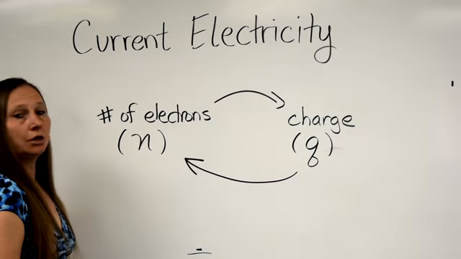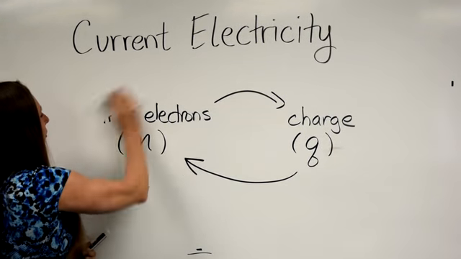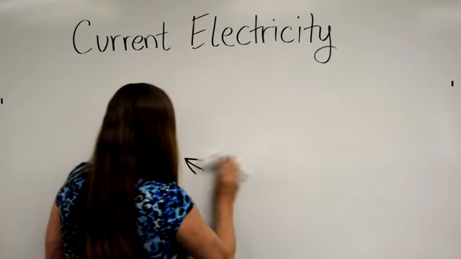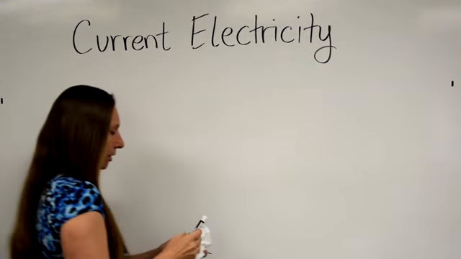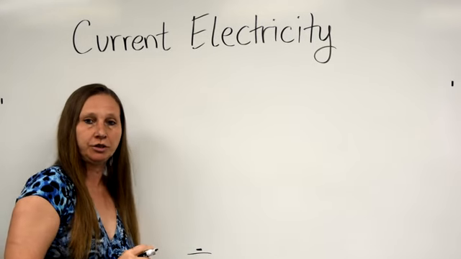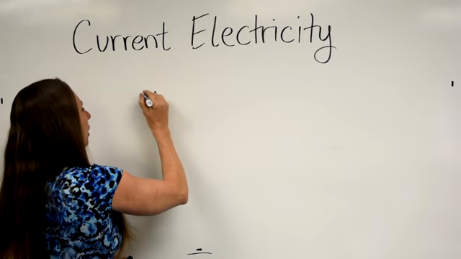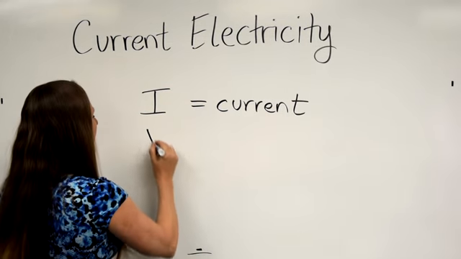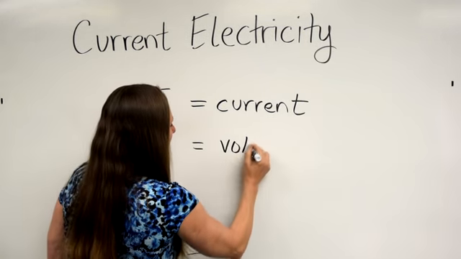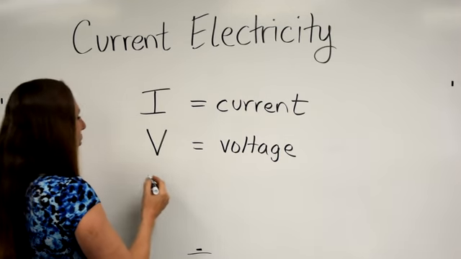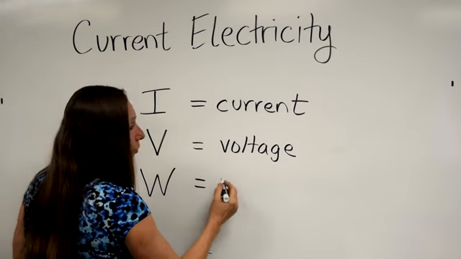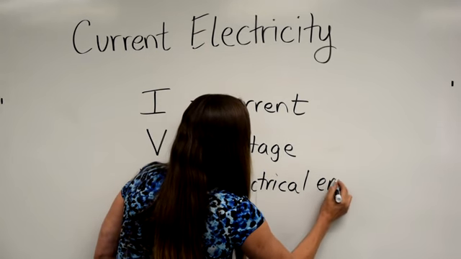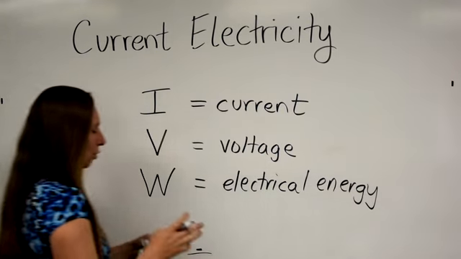The reason this is going to be important is because knowing how to do that often does come up when you're asked in the current electricity topic to calculate the current, the voltage or potential difference, or the electrical energy or work, W.